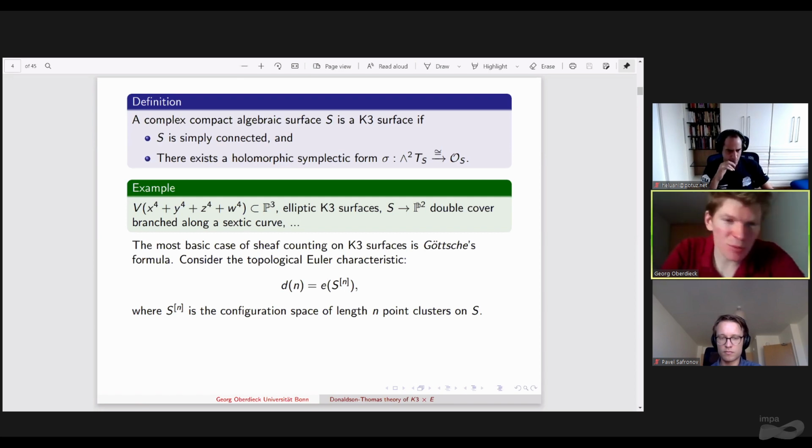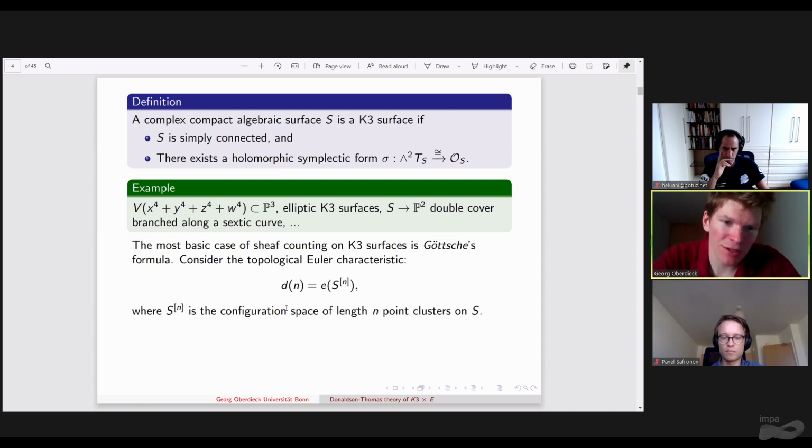The most basic case, if you're interested in counting sheaves on K3 surfaces, is Göttsche's formula. You look at counting ideal sheaves of zero-dimensional subschemes on your surface. For that you look at the space S^[n], the moduli space of zero-dimensional subschemes of length n.